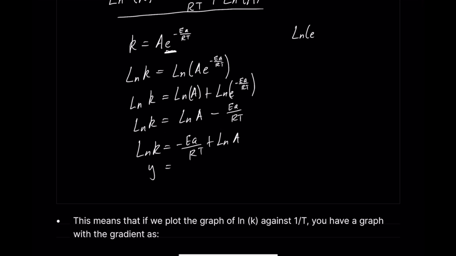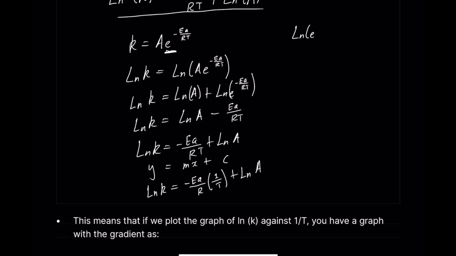If I was to dumb it down, y is equal to mx plus c. If you're struggling to see the mx part, the x here is represented by 1 over T. So ln k is equal to minus Ea over R times 1 over T plus ln A.